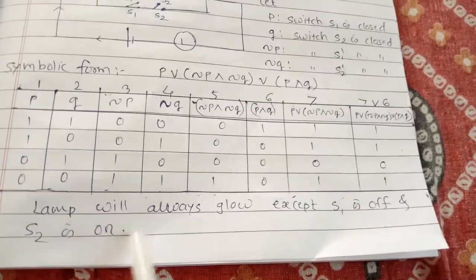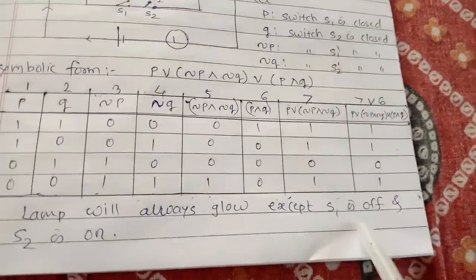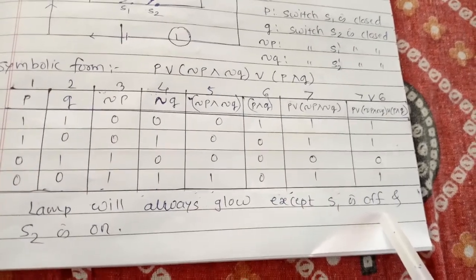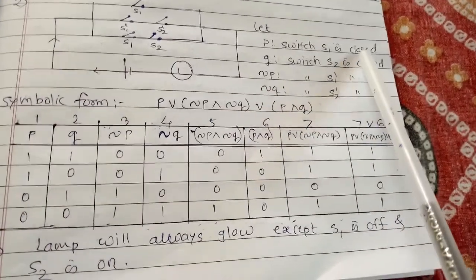Now see, in this case, what is the interpretation? So the lamp will always glow except when S1 is off and S2 is on. Now see, P represents S1 and Q represents S2.